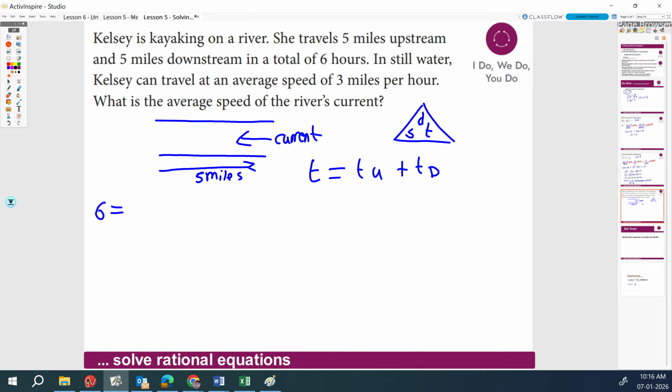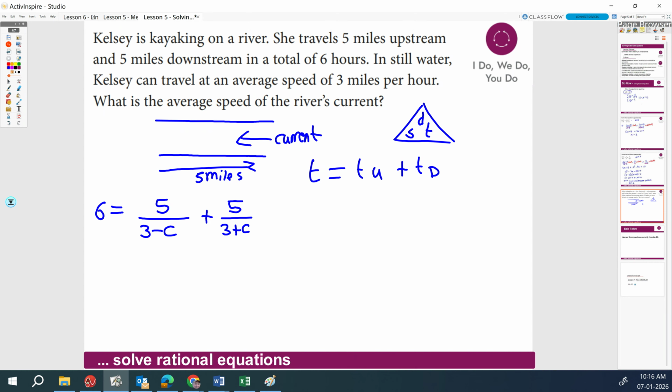The time upstream is the distance upstream over the speed upstream. So the distance is 5, but the speed upstream is 3 minus the current. Then the time downstream would be 5 miles over 3 plus the current, because she will come downstream quicker than she will go upstream.